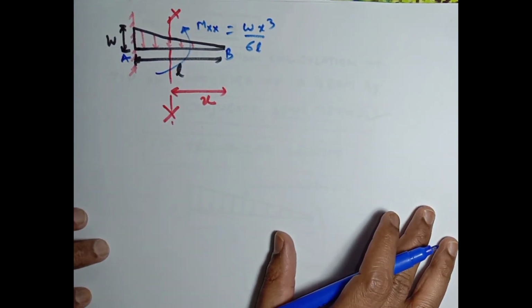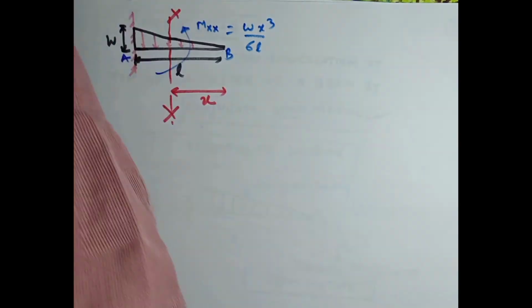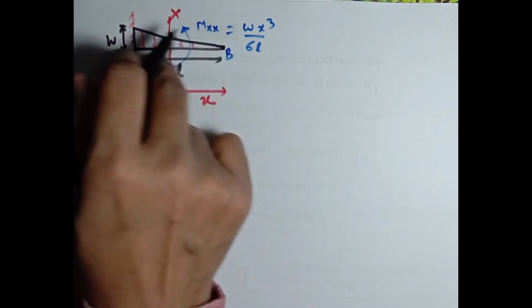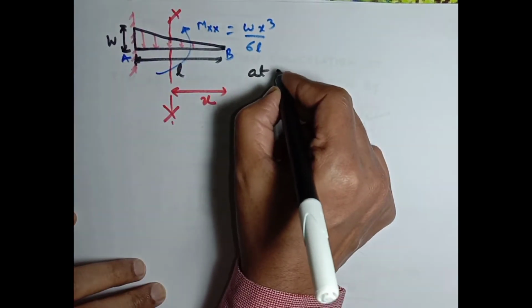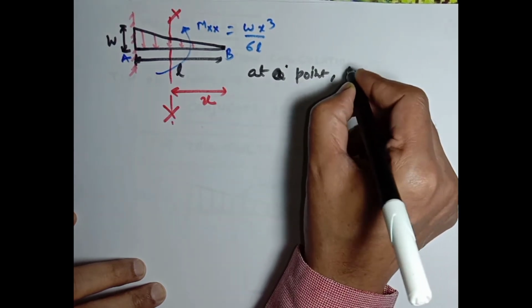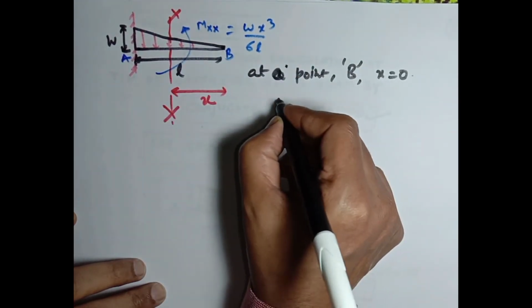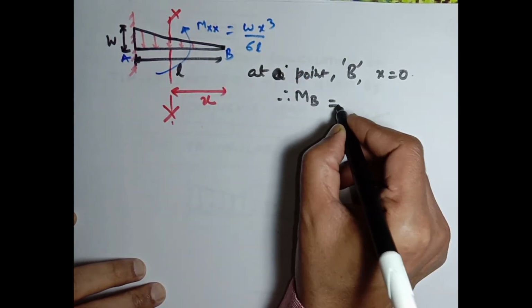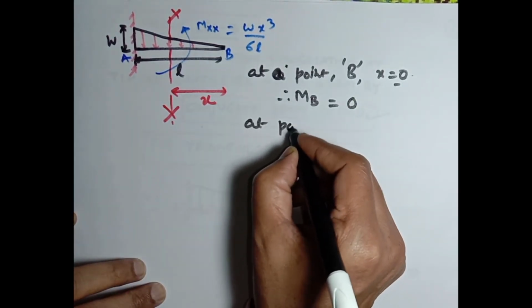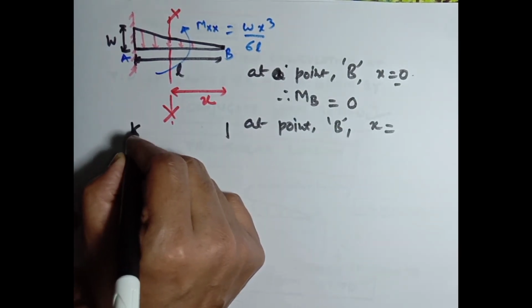Now we need to find the maximum and minimum values. We are taking bending moment from point B and developing from B to A. At point B, x will be 0, so bending moment at B, MB, will be 0. At point A, x will be L, the length of this beam.